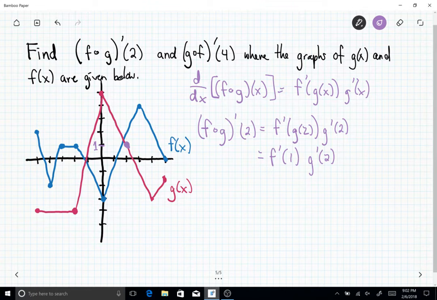Well, that's nice, because f prime of 1, remember, is the slope of a tangent line at x equals 1. That's all it is.